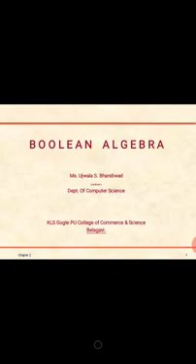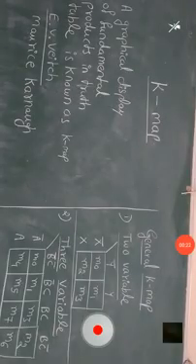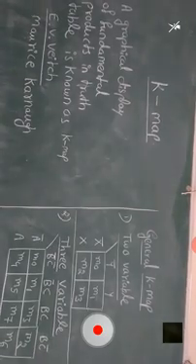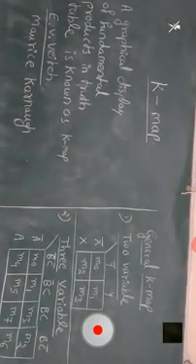Today we are going to learn about K-map. As you can see here students, K-map is a graphical display of fundamental products in a truth table, which we call a K-map.